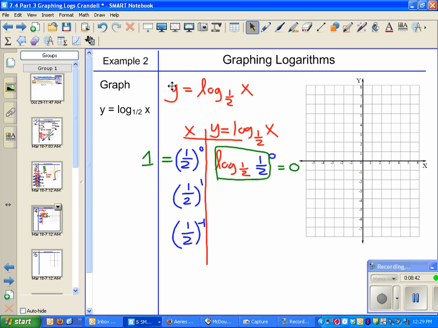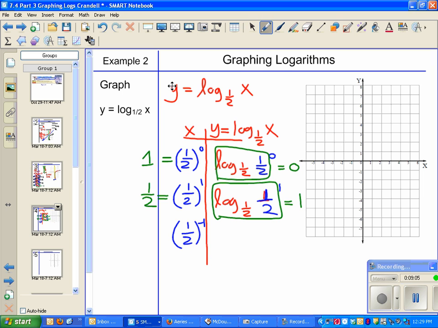The next one, we're going to have log base 1/2 of, and my x value is 1/2 to the first power. So right here is the inverse. So on the right side it equals 1. On the left side, 1/2 to the first power is 1/2.